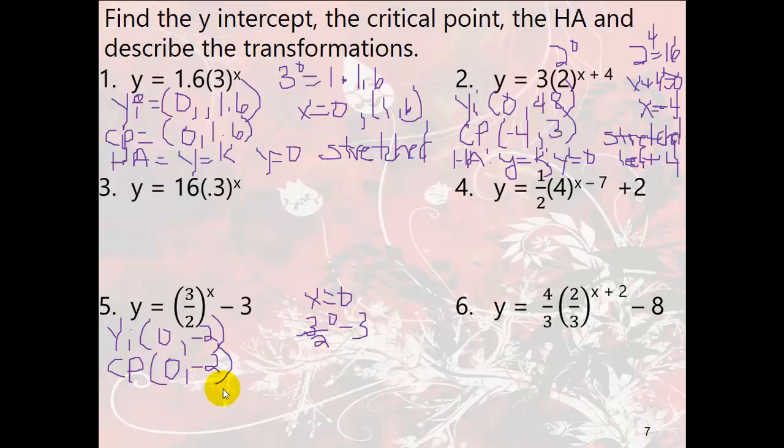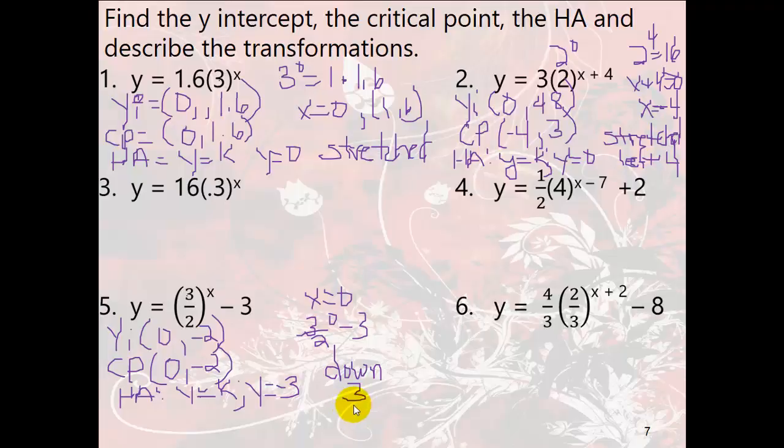Okay? My horizontal asymptote is y equals k. So it's y equals negative 3. And in terms of my transformations, this is down 3. Okay, so why don't you try 3, 4, and 6 and see how you do.